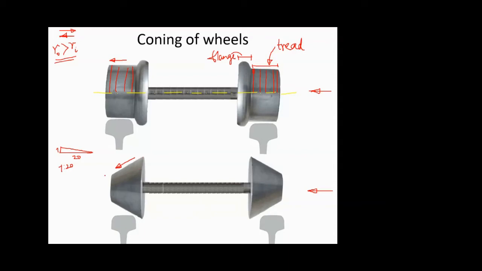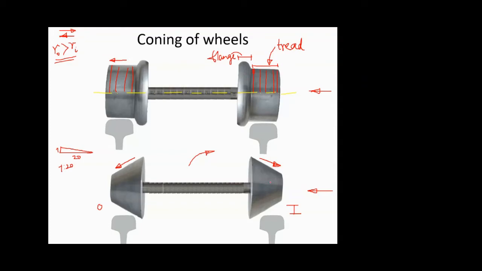When you give this kind of slope or coning to your wheel, suppose you start your railway and it starts going on the curve part. Suppose this is the outer rail or outer wheel, and this is the inner. The railway is going in this direction, taking the turn on the right side.